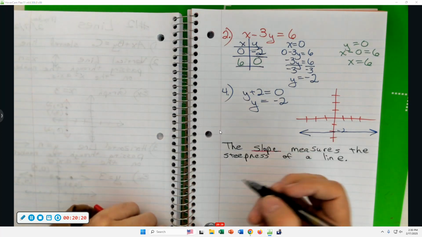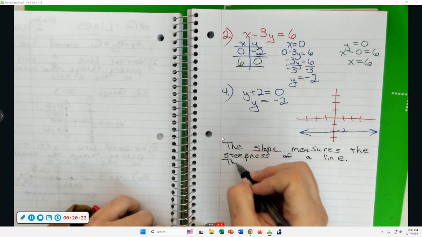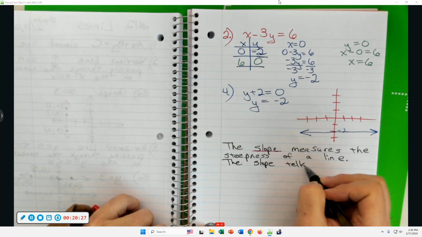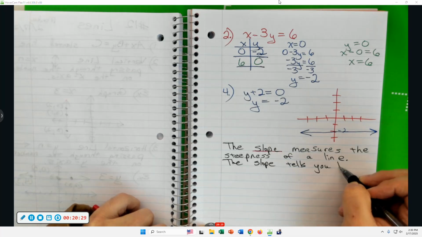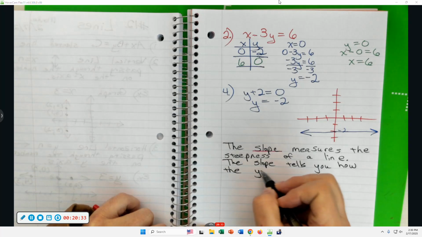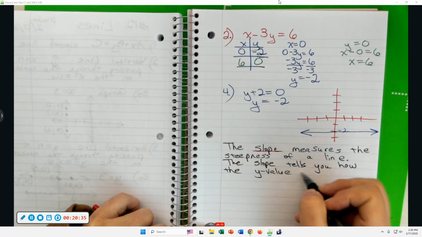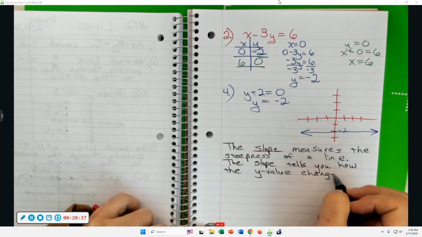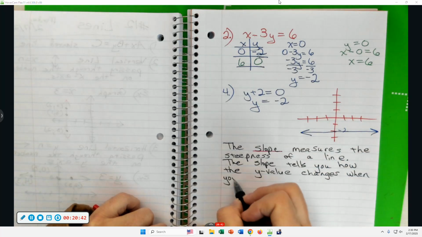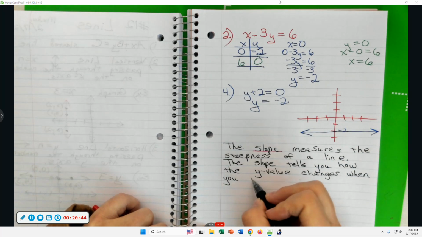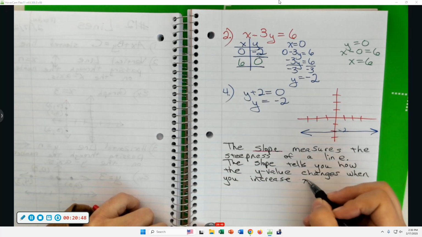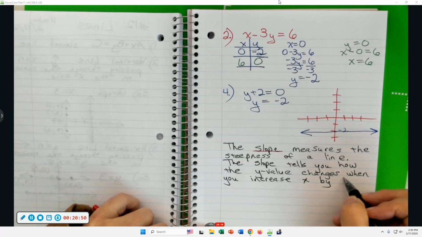I think I'm going to write that down. The slope tells you how the y value changes when you increase x by 1 unit.